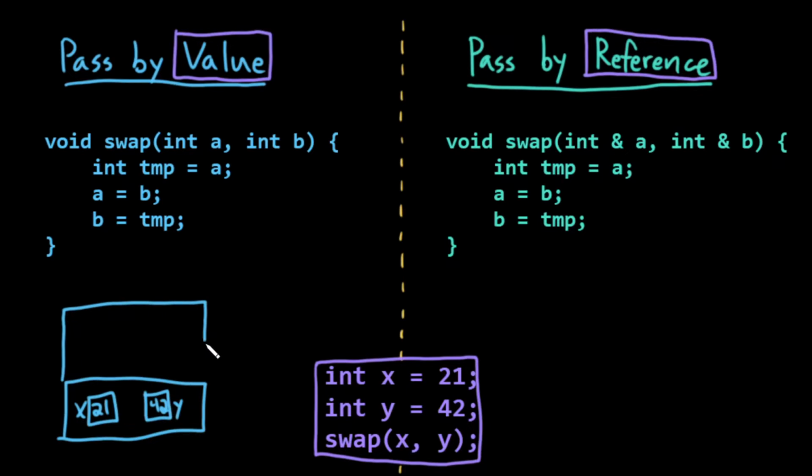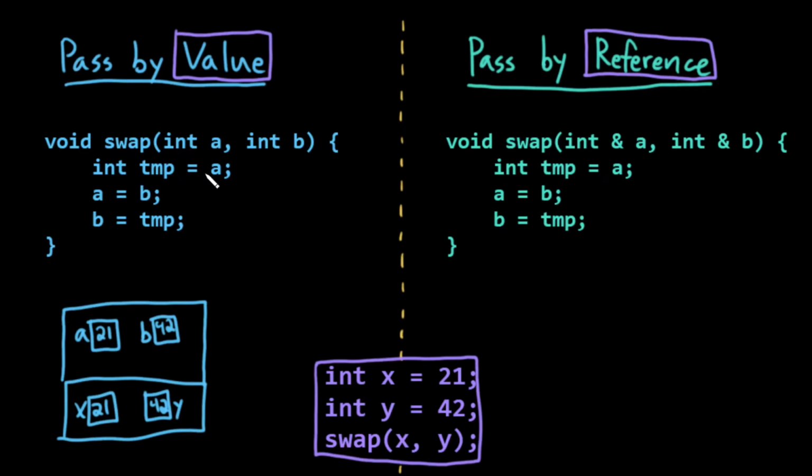So I create a new stack frame. And within this new stack frame, I have a separate a and b variable. A copies the value of x, which was 21. B copies the value of y, which is 42.